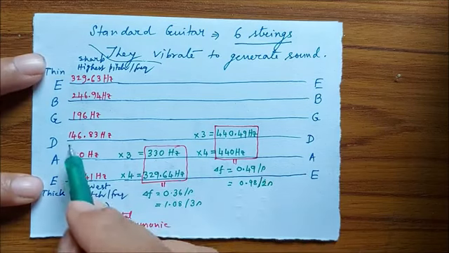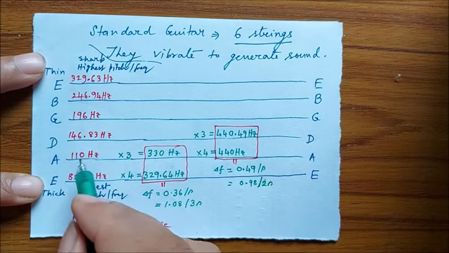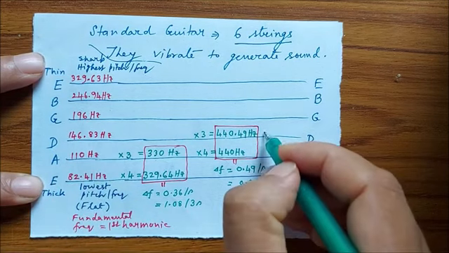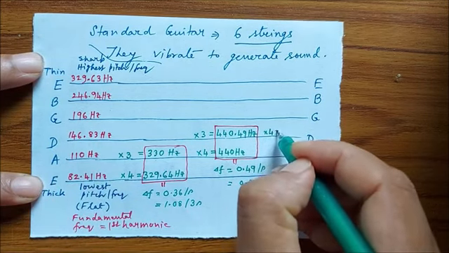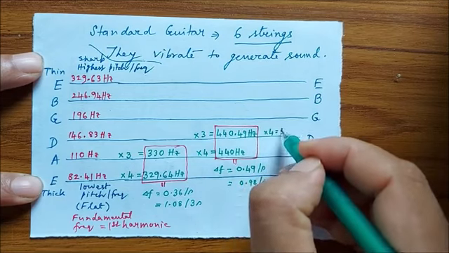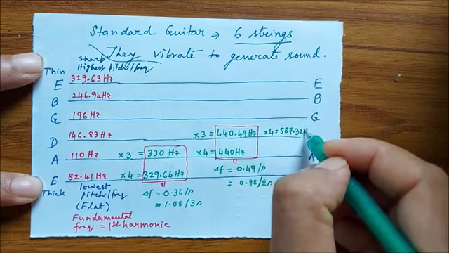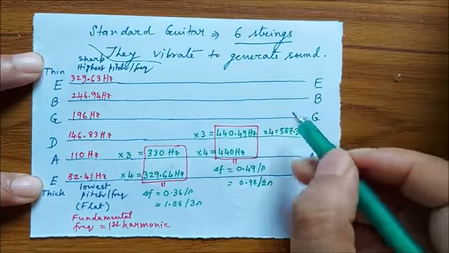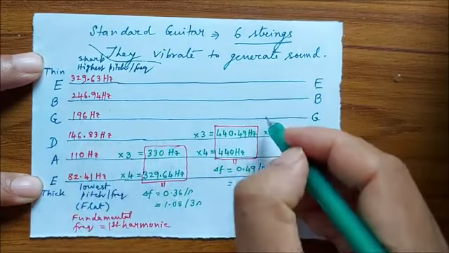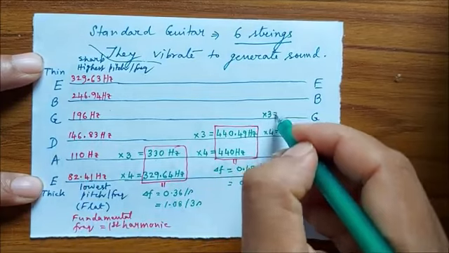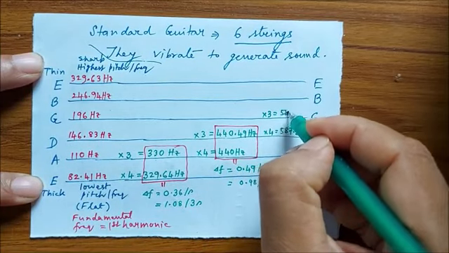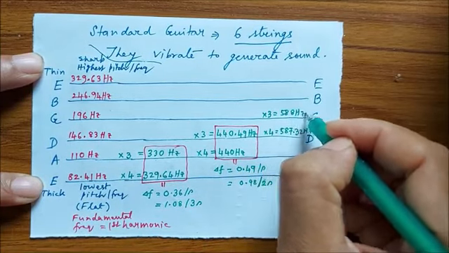To tune D with G, let us consider the fourth harmonic. Let us multiply it by 4, so it turns out to be 587.32 Hz, and we will consider the third harmonic for G, so multiply it with 3 to end up with 588 Hz.